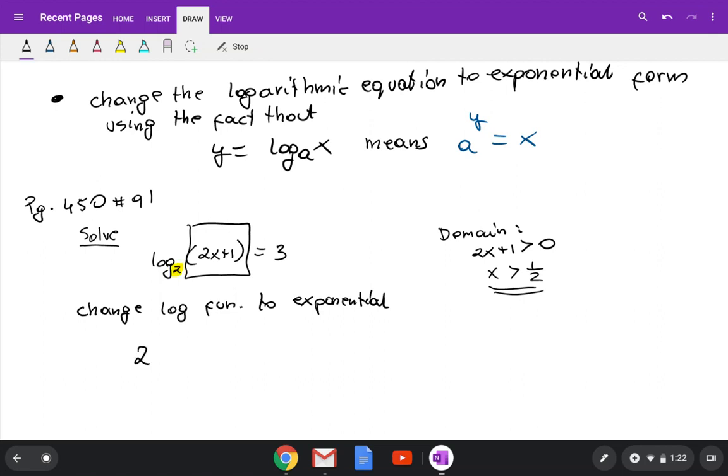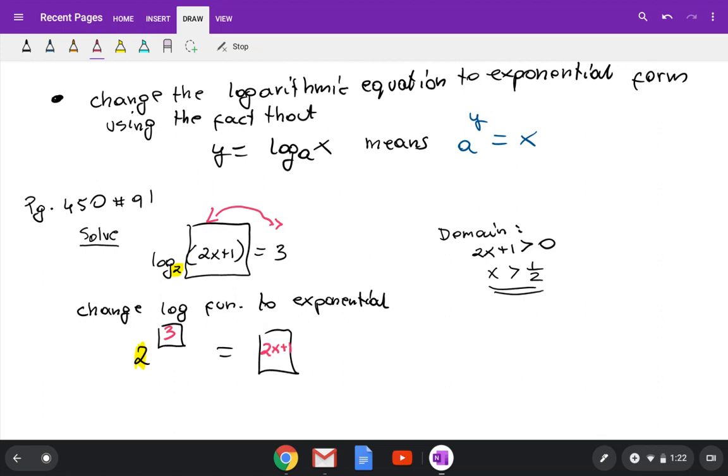So we're going to have 2 to the power of something equals something. The base of the logarithmic function is the same as the base of the exponential function. And we remember, since they are inverses, that x and y switch positions. So right now, next to the base, I'm going to have 3, and outside it's going to be 2x plus 1.